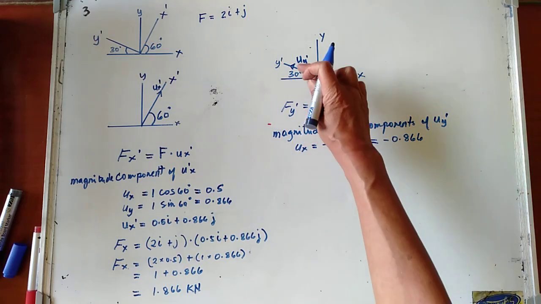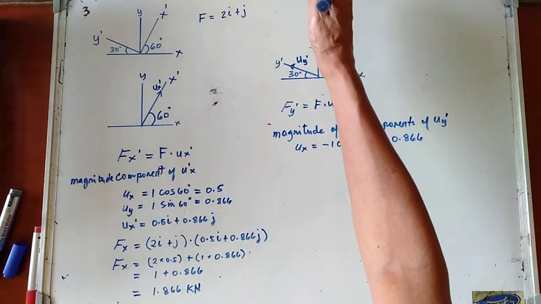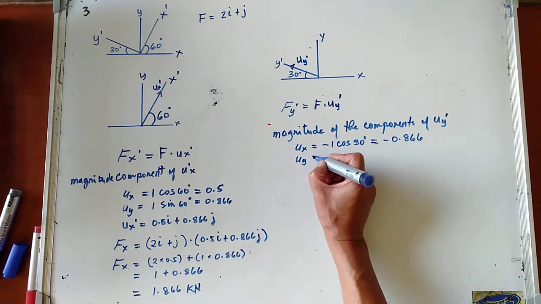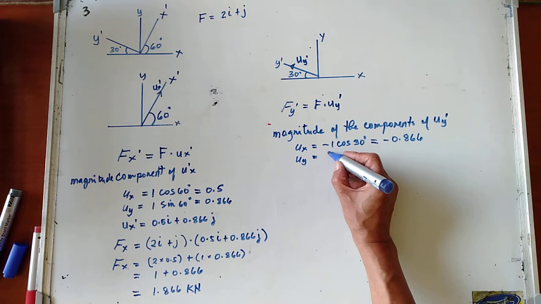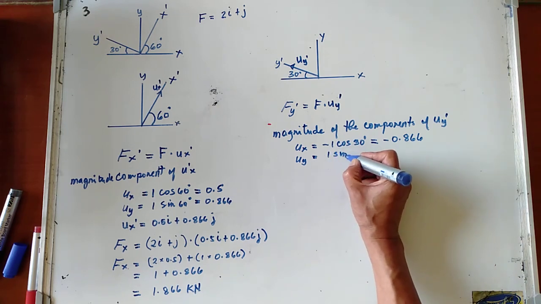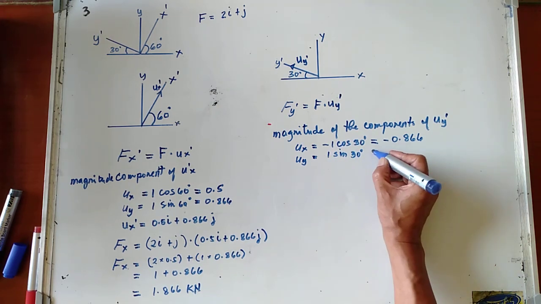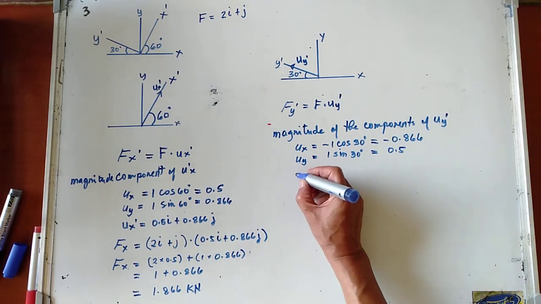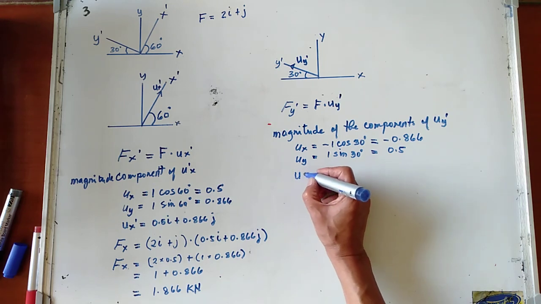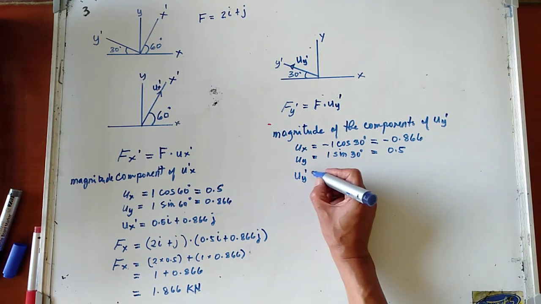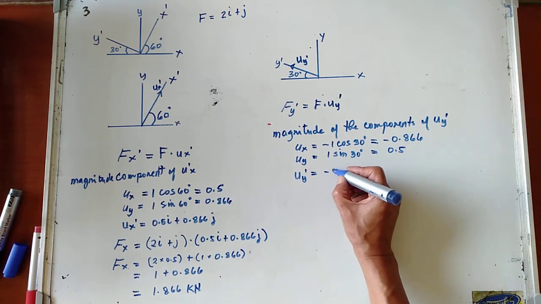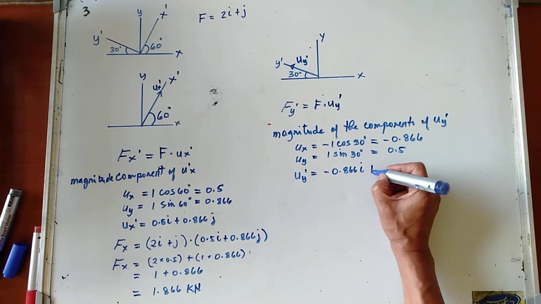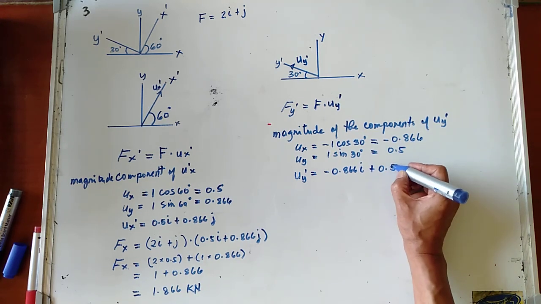The component of this unit vector in the direction of y is going up, so we have positive 1 times sine of 30 degrees, which is equal to 0.5. Hence, the unit vector y prime is equal to minus 0.866i plus 0.5j.